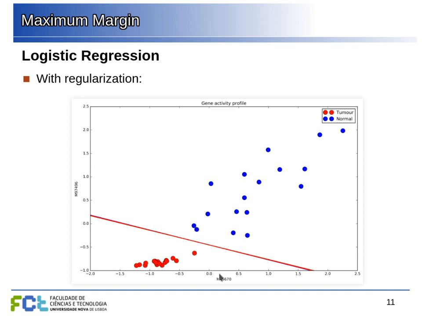So this is one way where we can force the margin, this distance between the discriminant and the closest points, to be as large as possible.